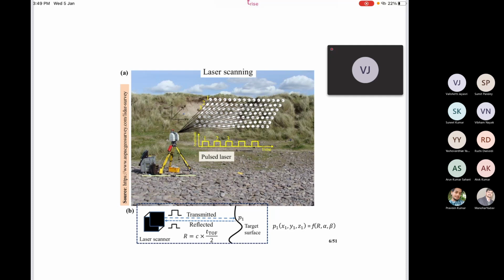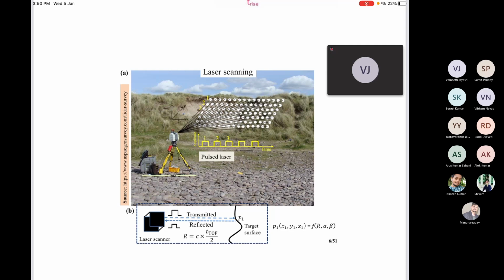These two angles, alpha and beta, are recorded by theodolite principles, and there are internal angle encoders. Those angle encoders measure the direction of the fired laser beam from the Z axis as well as from either the X or Y axis.